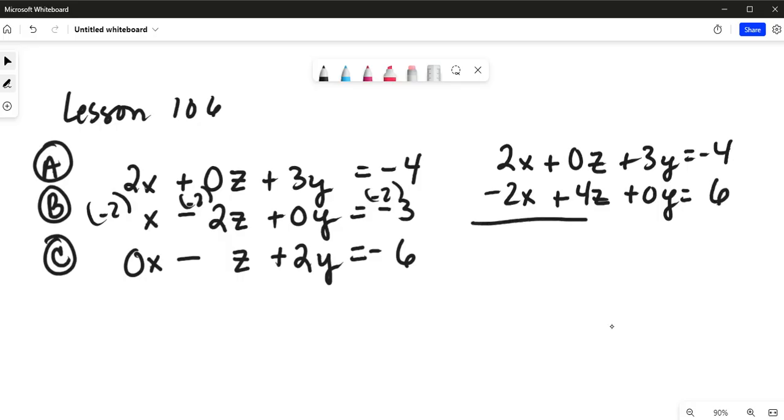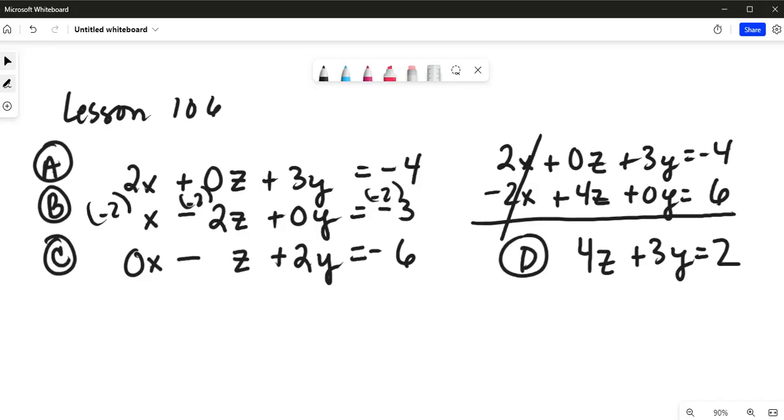Okay, add those together, and we have 3y plus 4z equals 2. We're going to call this equation D.